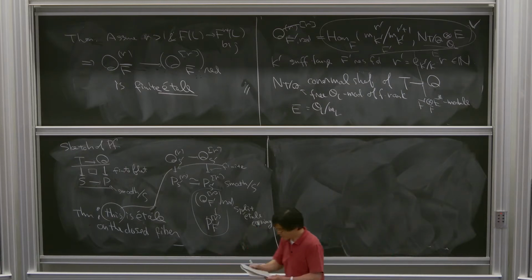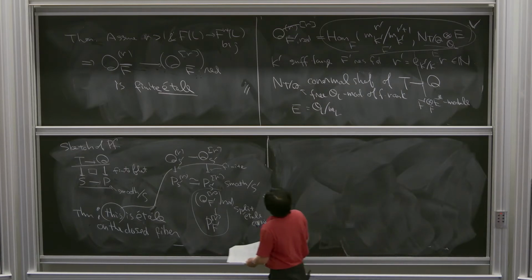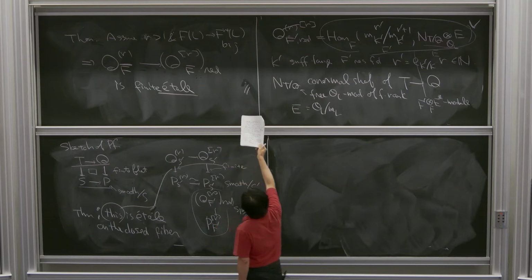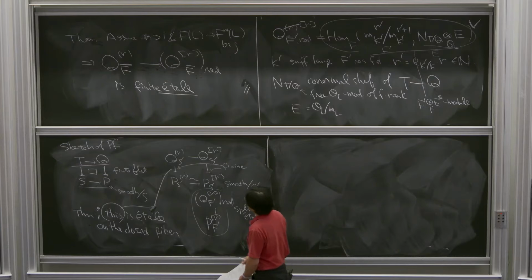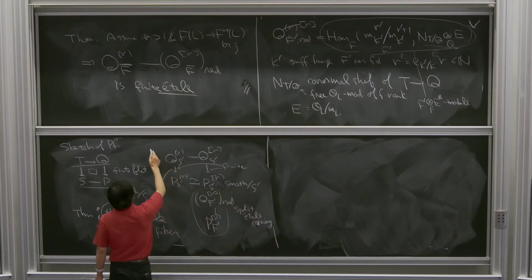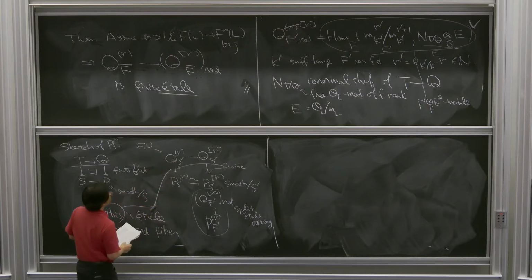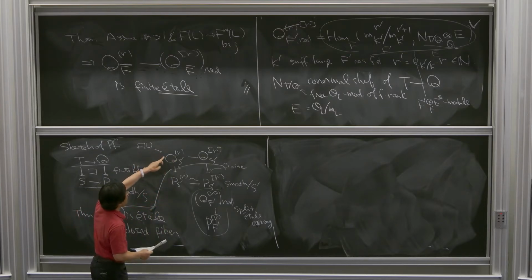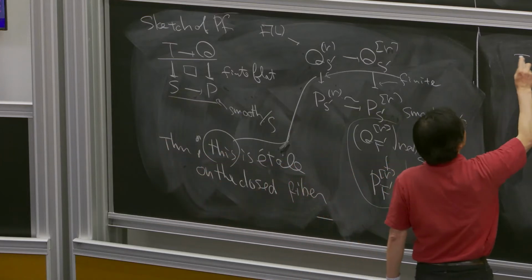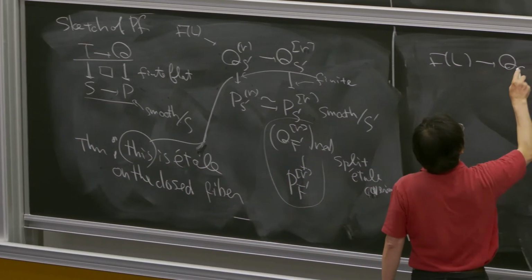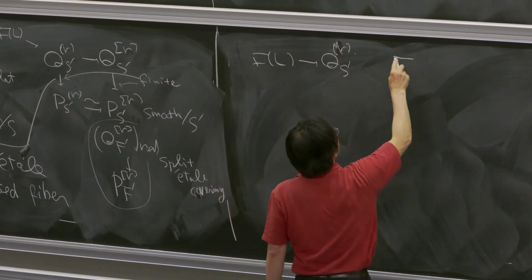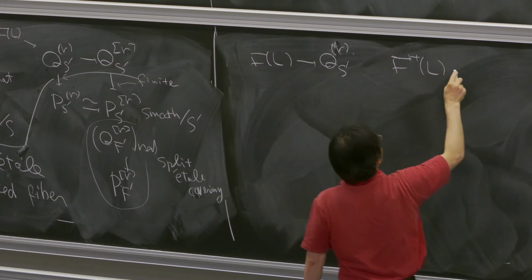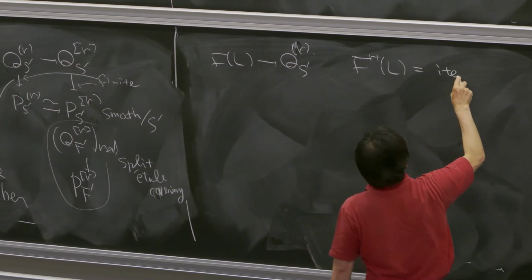Then what does the assumption tell us? The assumption is that this FL to FR plus L is a bijection. And FR plus L is defined as the image of the map from FL to the fiber functor from here, and FR plus L is its image.